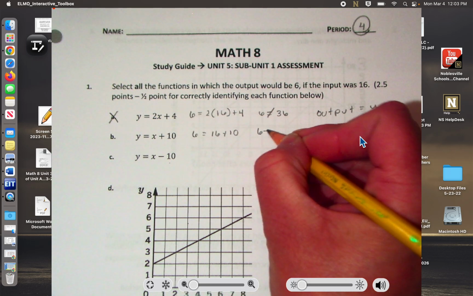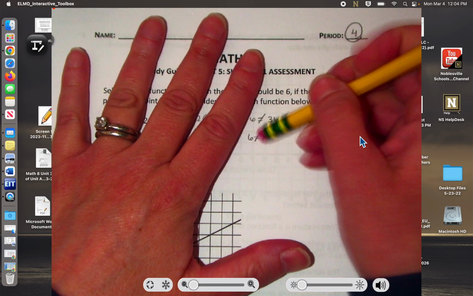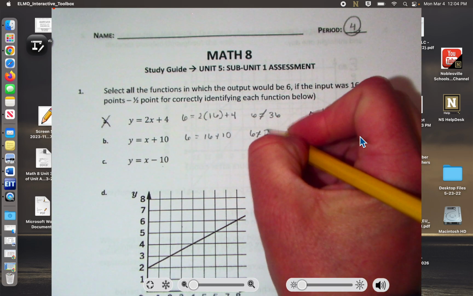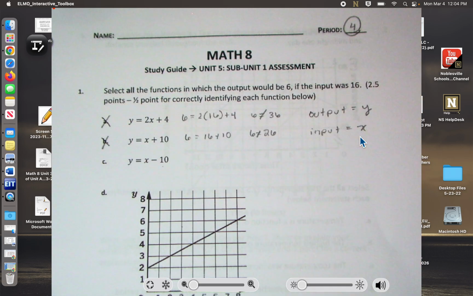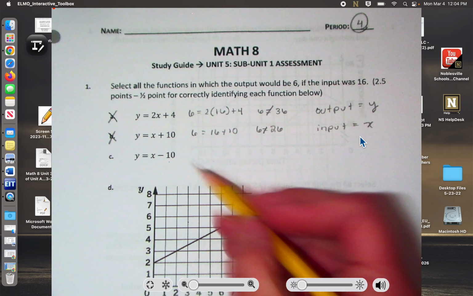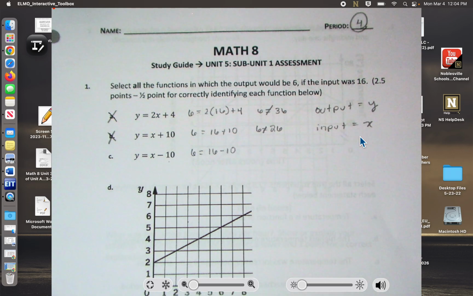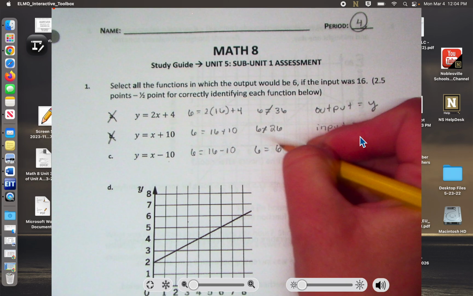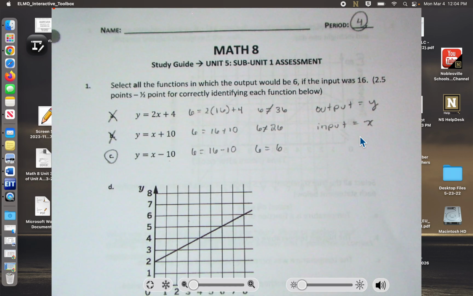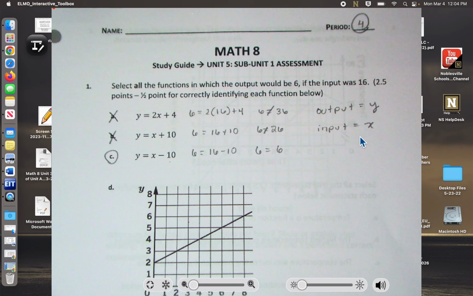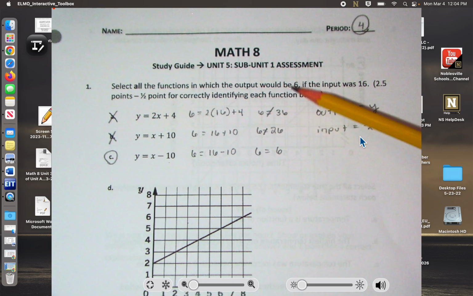Absolutely not. 6 does not equal 26, right? So far, we've got 2 no's. What about for C? Will 6 equal 16 minus 10? Yeah, absolutely. 6 equals 6. This would be a function. This would be the function that meets these requirements.